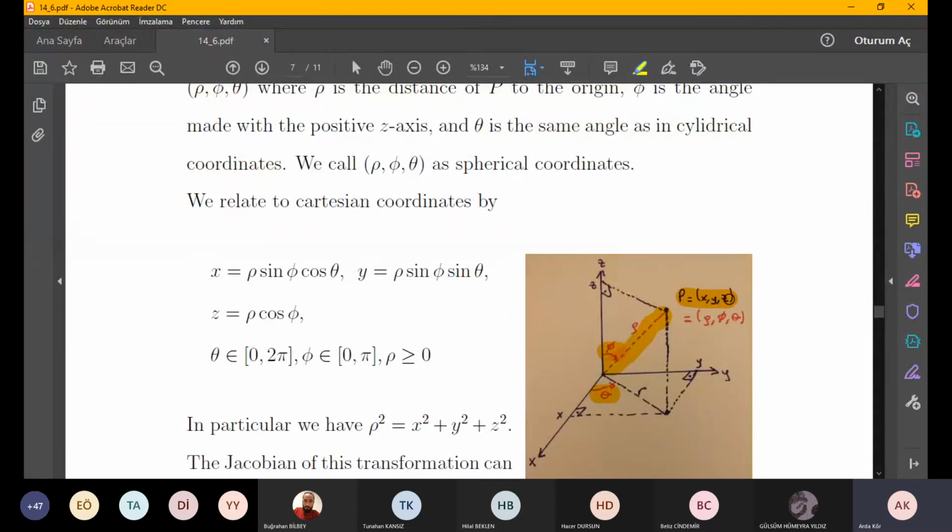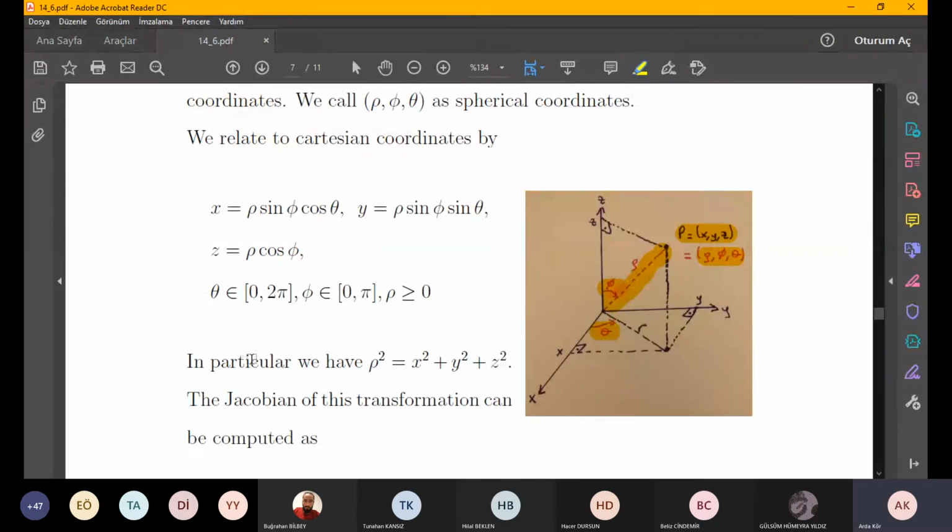And we will relate the Cartesian coordinates by that transformation. So x is equal to rho times sine phi times cosine theta, and y equals rho times sine phi times sine theta. z equals rho times cosine phi, and theta is in between 0 and 2 pi as in polar coordinates.